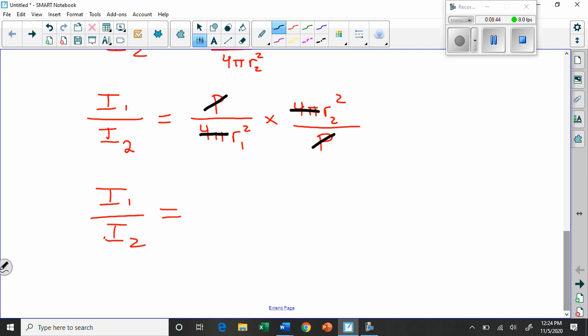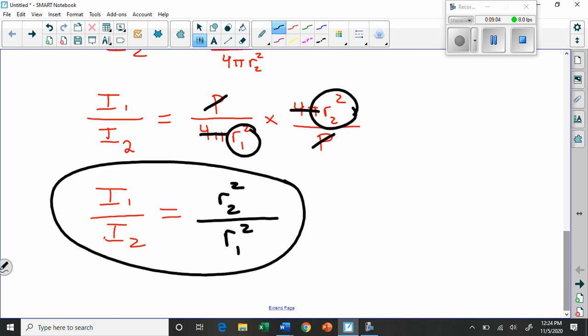Because remember, a fraction is like an equation. You can do the same thing to top and bottom without changing it, right? And that leaves me with, on the top, just this, R2 squared. And on the bottom, it leaves me with just this, R1 squared. And it gives us this nice little comparison ratio.